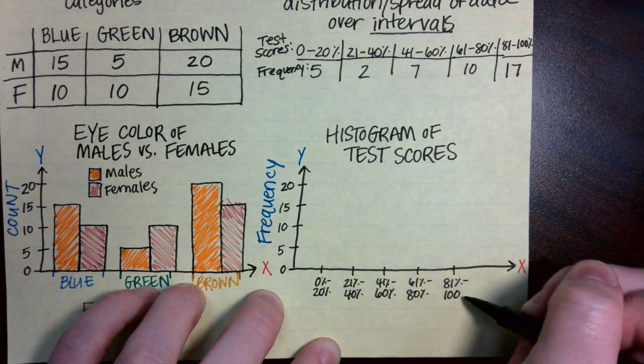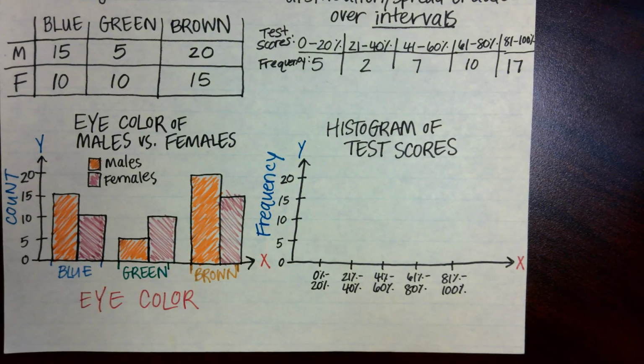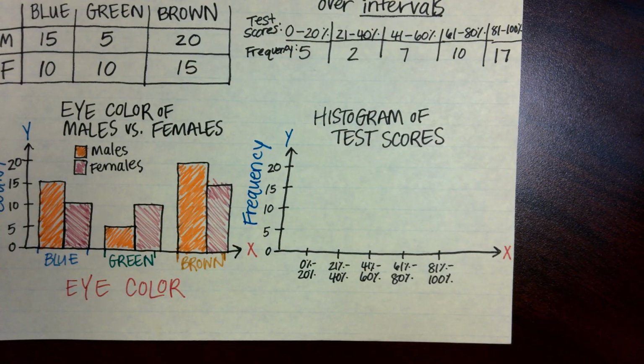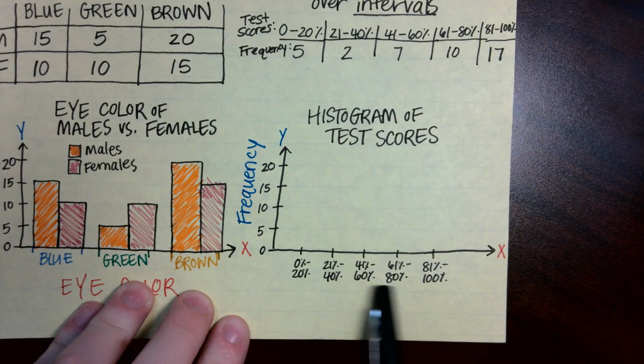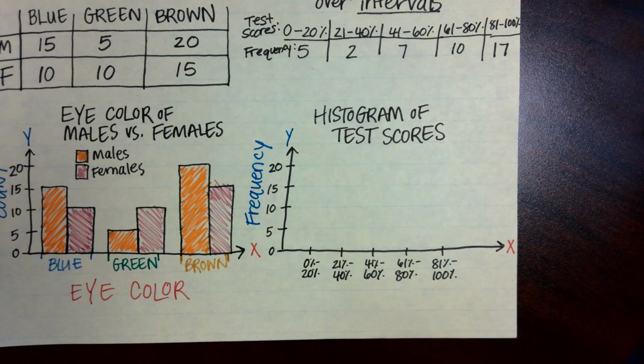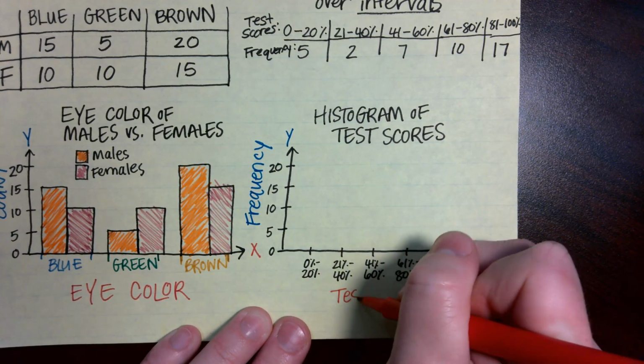So I just counted by 20s for my intervals. Alright, so now we have our x-axis labeled. And I'm going to call this test scores.